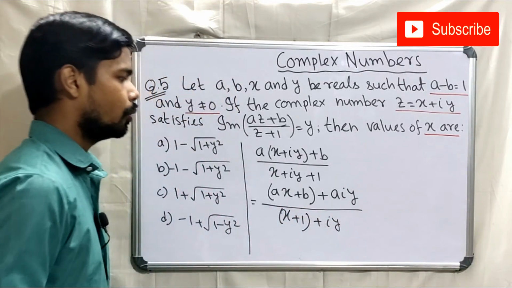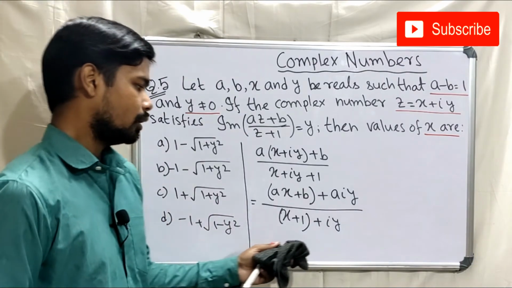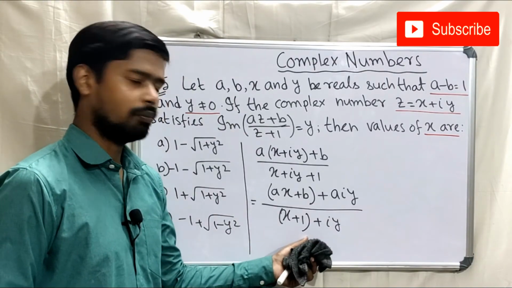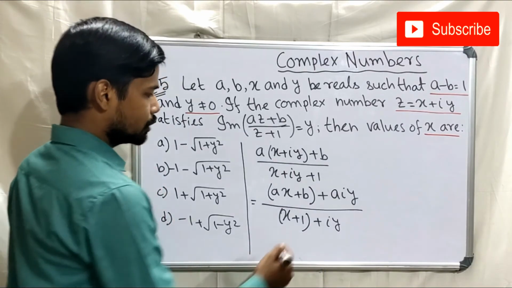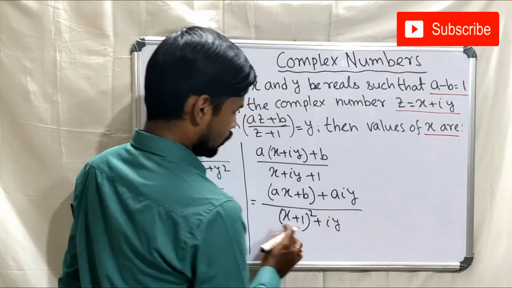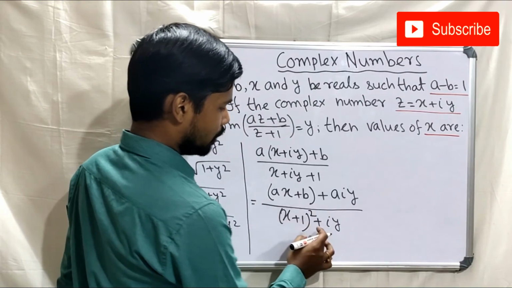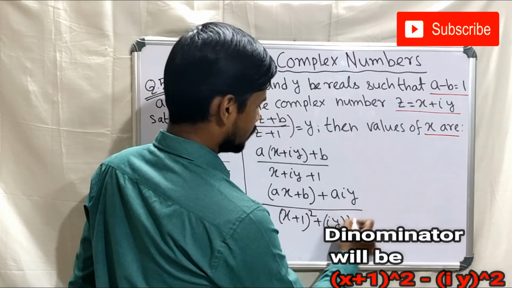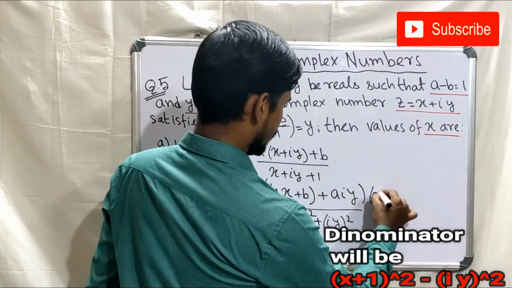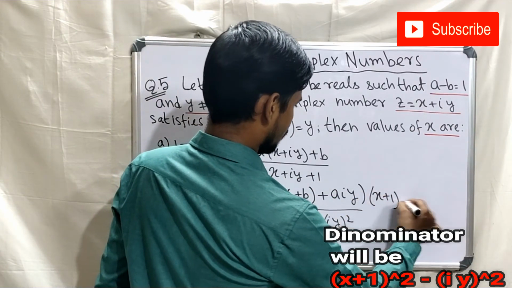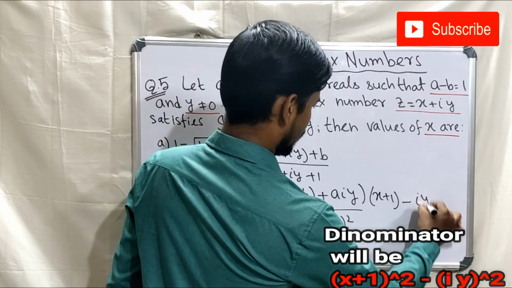So what to do? We have to multiply with the conjugate of the complex number in the denominator. So the denominator will be (x plus 1) whole square plus (iy) whole square, and we have to multiply the numerator by x plus 1 minus iy.